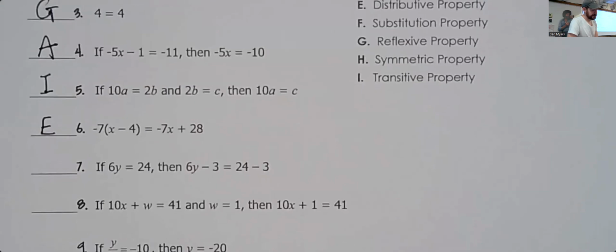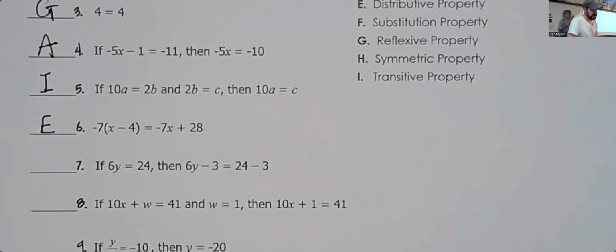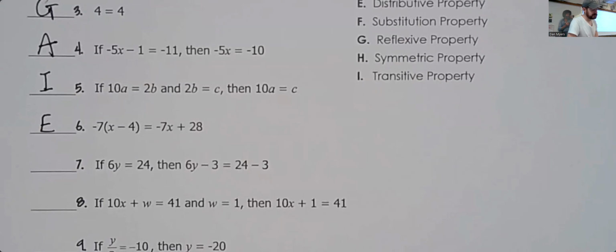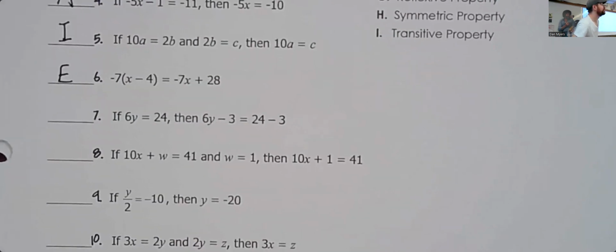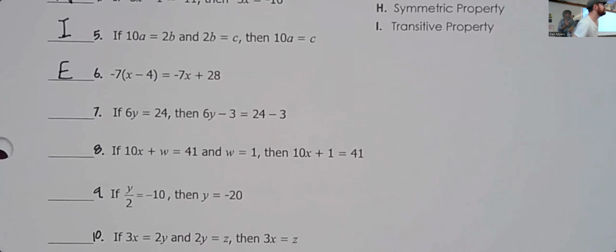All right. How about 7? A again, yeah. Oh, wait, no, it's not A. We didn't add anything. Number 7? It's what?